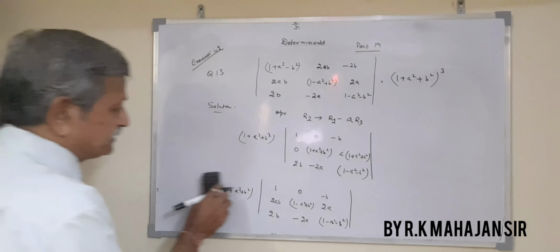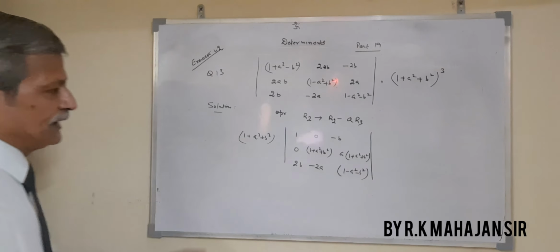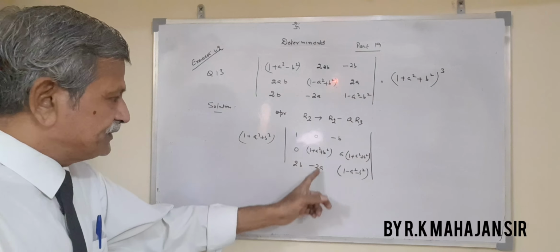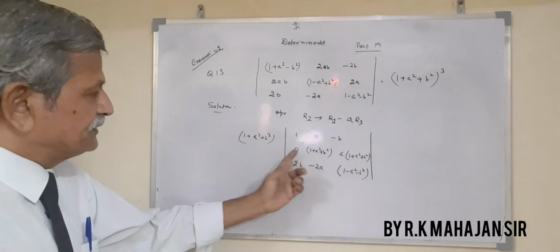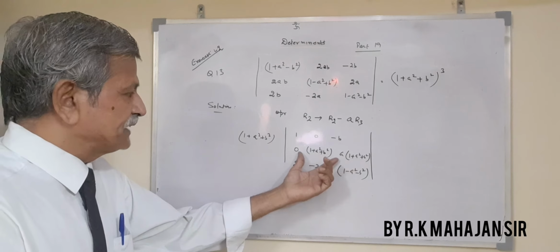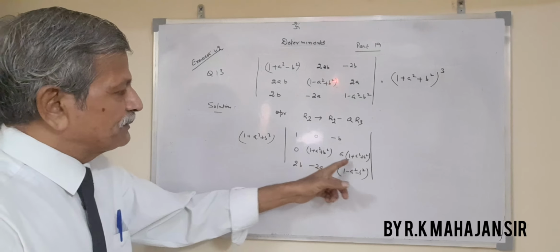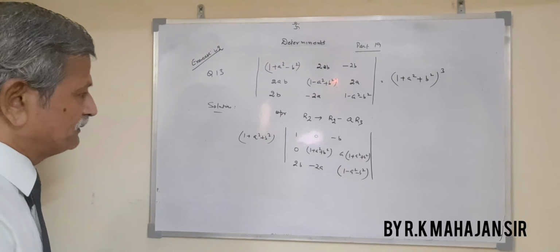Now afterward, from this row, second row, 1 plus a square plus b square will be common.